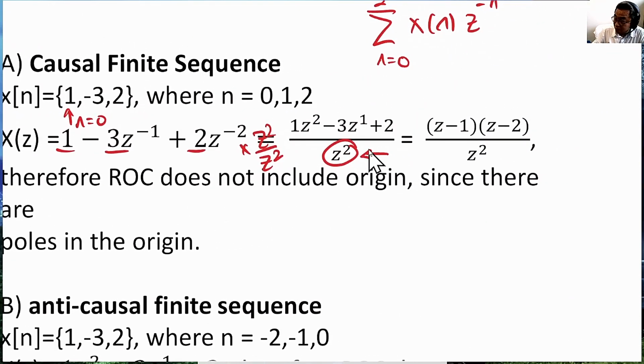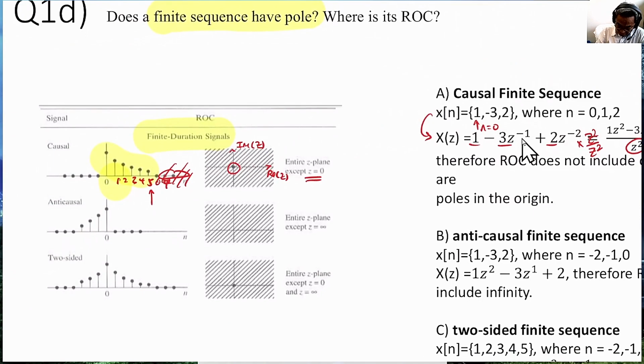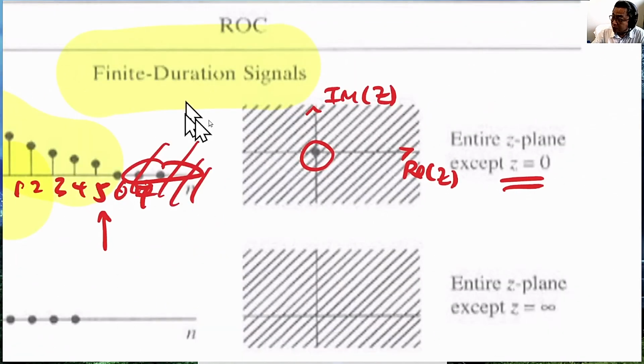What about the zeros? When we substitute z equals 1, the whole numerator becomes 0. When we substitute z equals 2, the whole numerator becomes 0. So for this particular example, the shaded region is the region of convergence. We should put an x at the origin, times 2, because there are two poles at the origin.